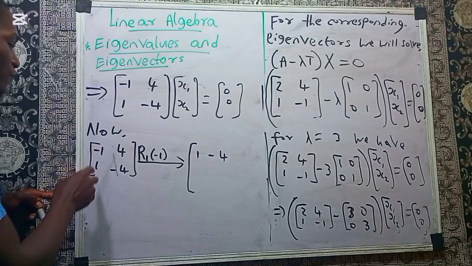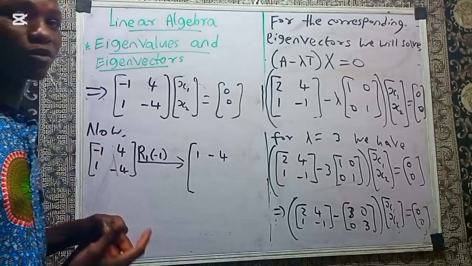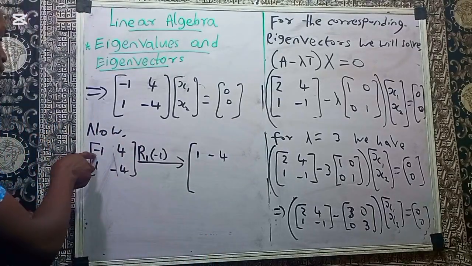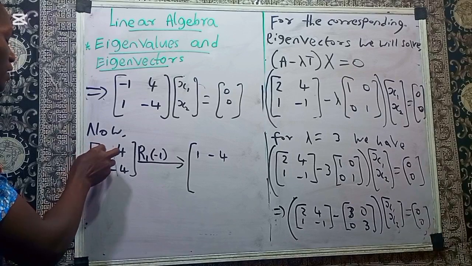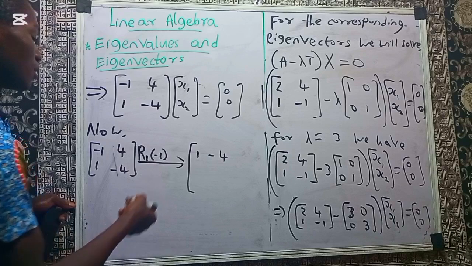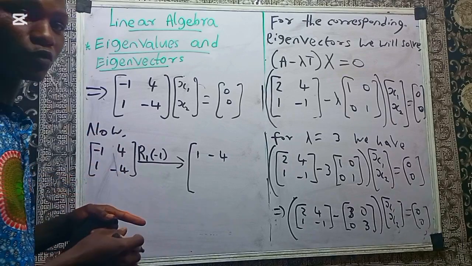This negative 1. We'll make it 0. How do we make it 0? Negative 1 plus positive 1 will give us 0. So since this first entry is positive 1, if you add it to the negative 1 below it, it will be 0. Simply, we are going to add row 1 and row 2 together.